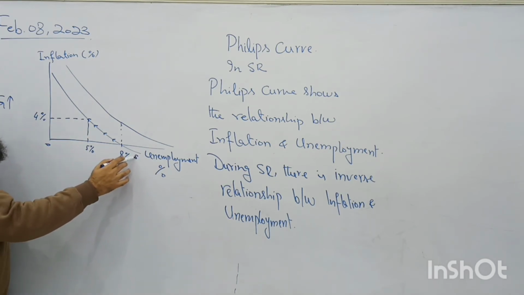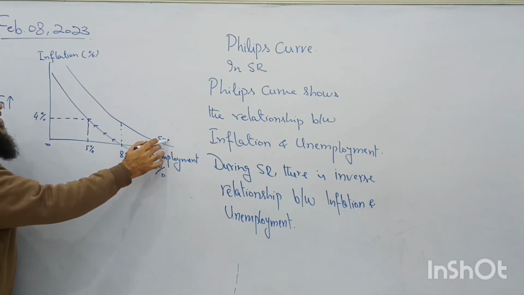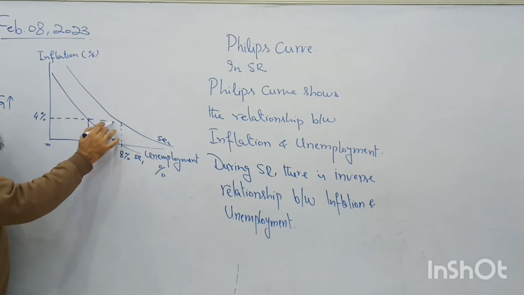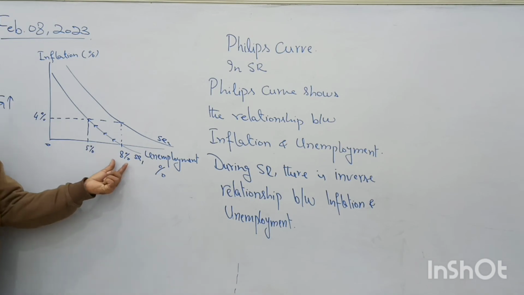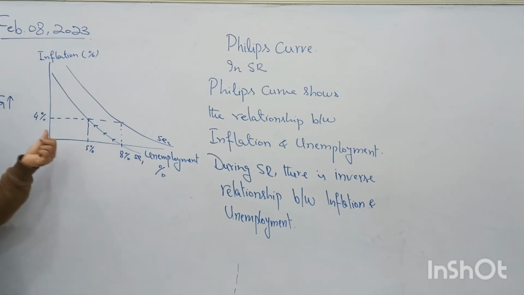This is short-run Phillips curve 1. This is short-run Phillips curve 2. So now you can see the same 8% of unemployment is present at a 4% inflation rate instead of zero inflation rate.